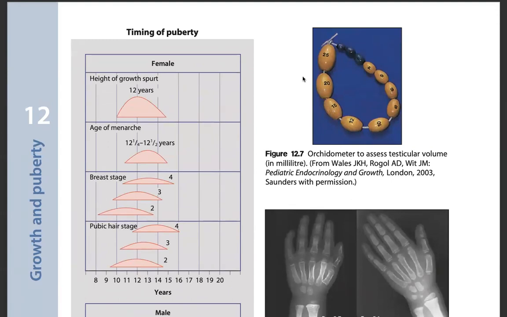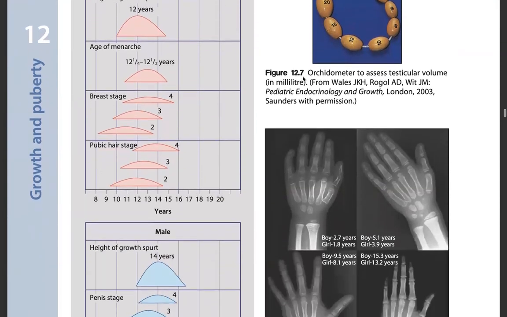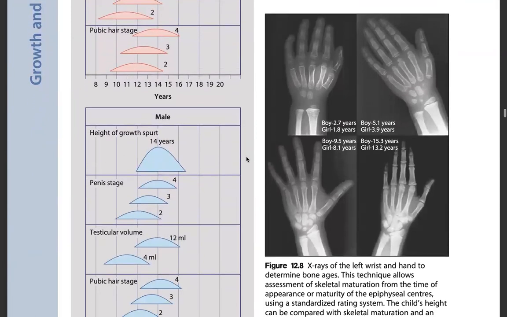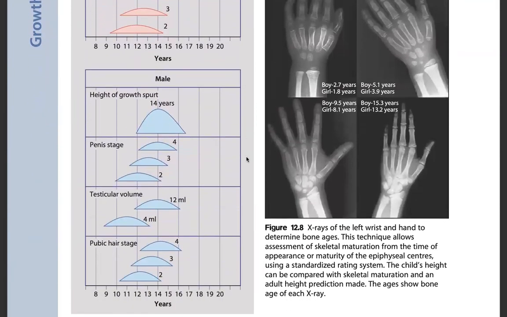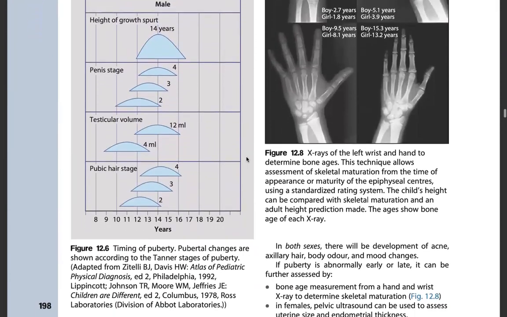Breast stages are 4, 3, and 2, and pubic hair stages are 4, 3, and 2. For males, the height growth spurt is at 14 years, with testicular volume 4 ml, then 12 ml, and pubic hair stages 2, 3, and 4.